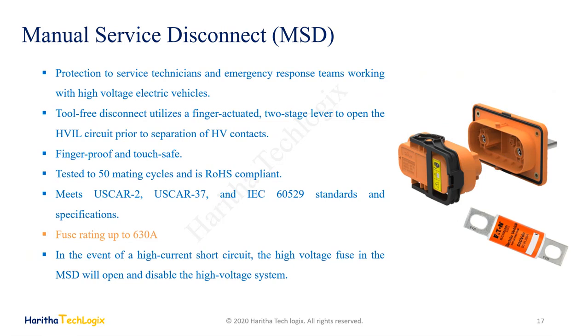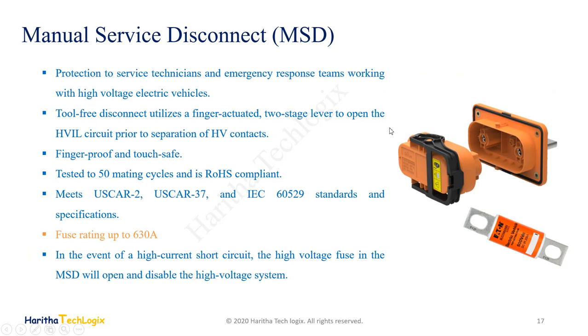And imagine if someone tries to do a service action in an electric vehicle. So we have a very important component called the manual service disconnect. Whenever an electric vehicle is going to be serviced, or a person is going to do some repair on the vehicle, the service technician should first remove this manual service disconnect before performing any work in the electric or hybrid vehicle.